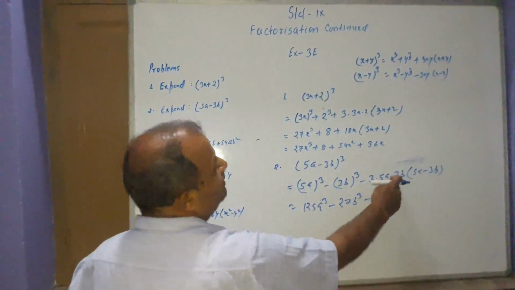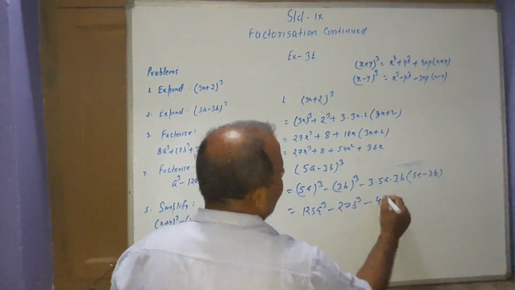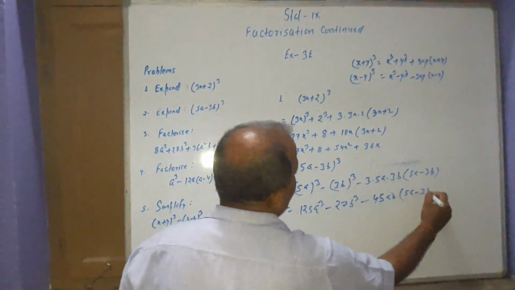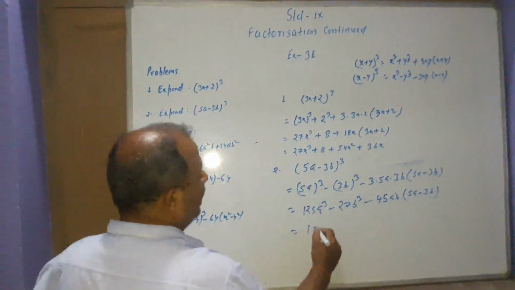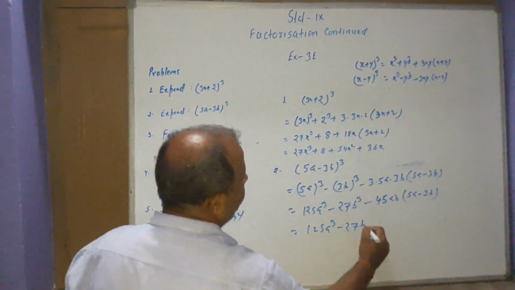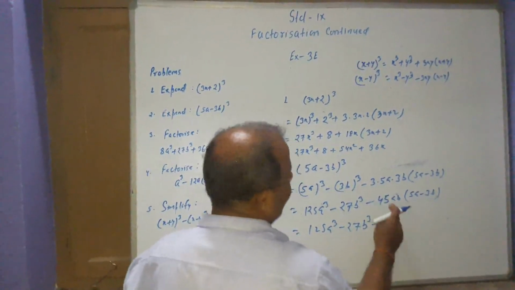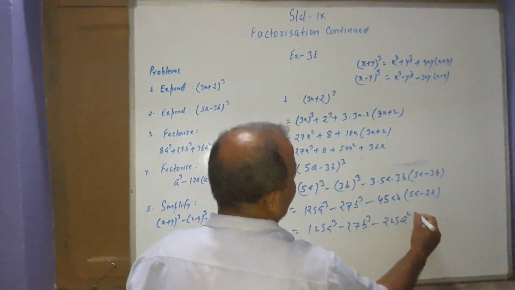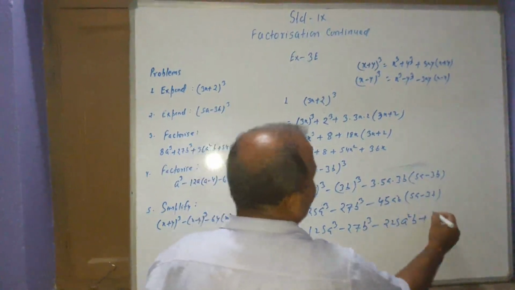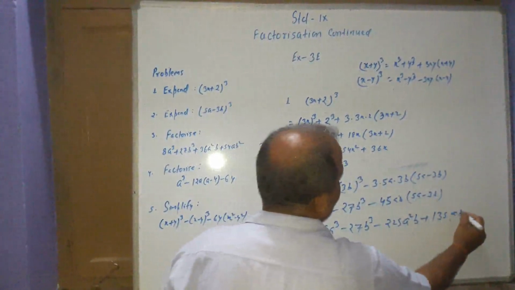3 5s are 15, 3 15s are 45ab. This will be 5a minus 3b. Now 125a cube, 27b cube, 45 5s are 225a into a square b minus, plus 45 3s are 135ab into b, ab square.